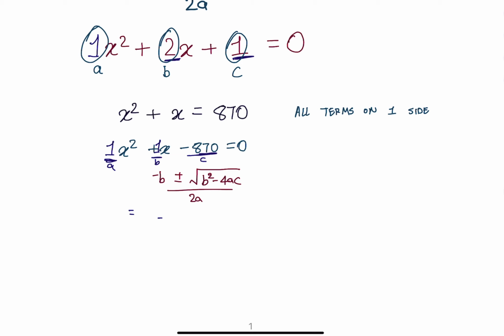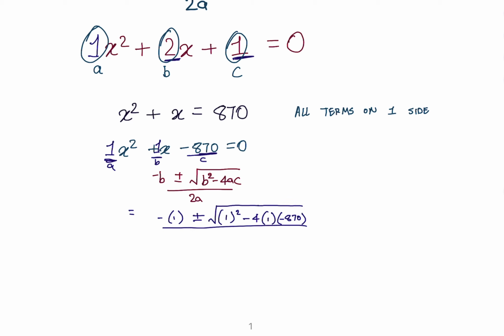So negative 1 plus or minus the square root of, oh, my bad. Over here it's simply 1, not negative 1. 1 squared minus 4 times a, which is 1. And then c is negative 870.